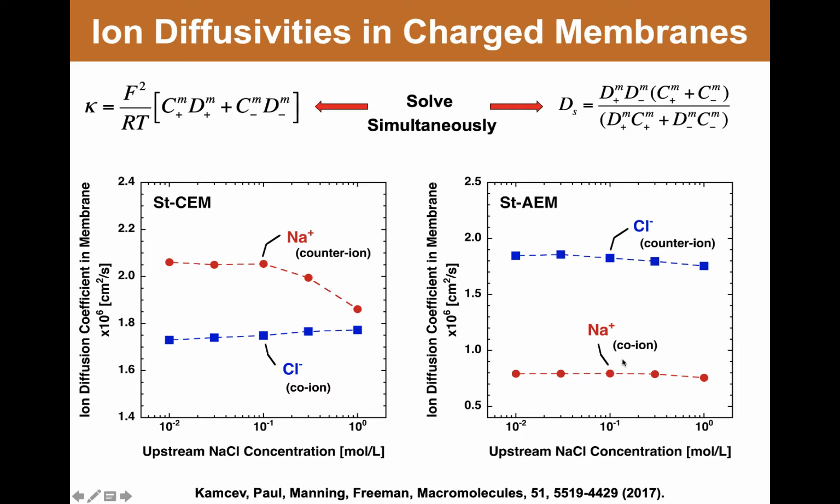And this provides clues that perhaps there are additional pathways for transport of counterions through these charged membranes than there are for coions. Now, I haven't shown you data for it, but if you did these same experiments with uncharged membranes, you'd find that always the order of the ion diffusion coefficients would be in the same order that you find them in solution.